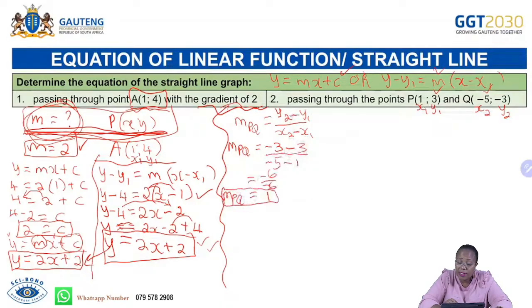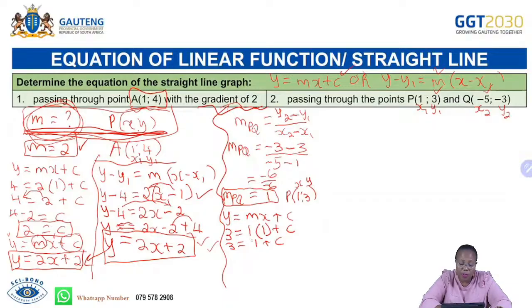Let's say this learner decided to take P as the point (1, 3) and decided to use the equation y equals mx plus c. Then this will serve as x and y. So our y will be 3, the gradient is 1, the x value is 1, plus c, so 3 equals 1 times 1 plus c.